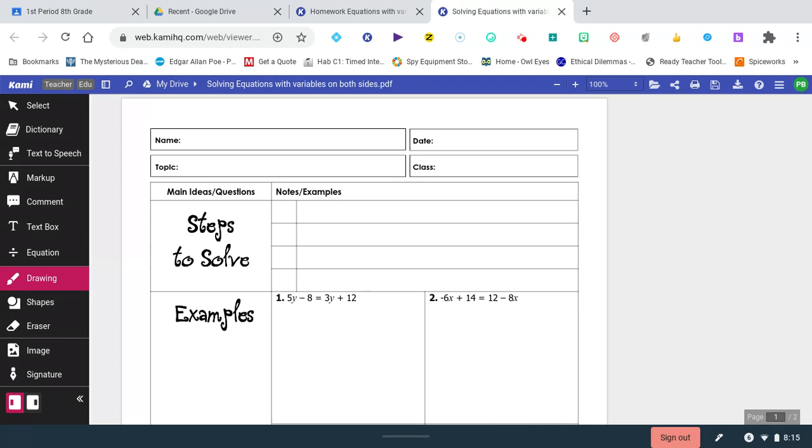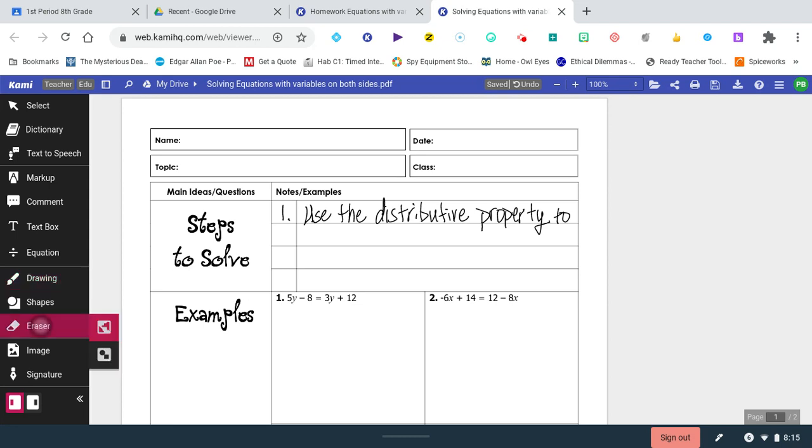All right, so the steps to solving an equation that has variables on both sides. The first step is going to be to use the distributive property if necessary. And I say if necessary because you may not have parentheses. So I'm just going to use the distributive property to remove parentheses. Let me erase this because I don't have enough room.